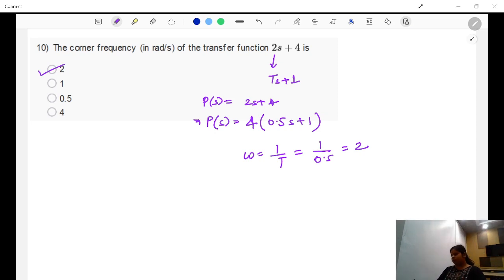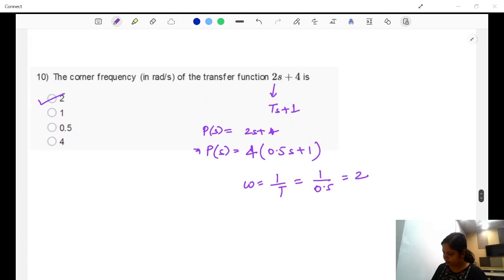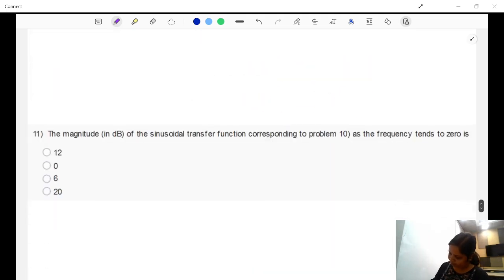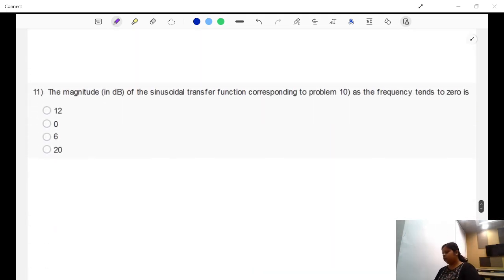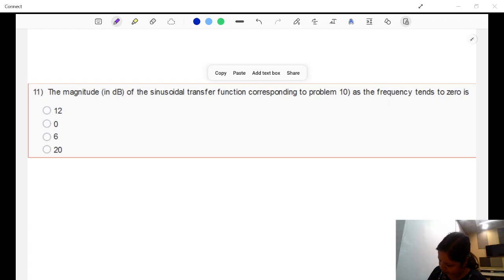Okay, then yeah, this is the transfer function that we'll be using again. The magnitude as frequency tends to 0. It is again a similar question.